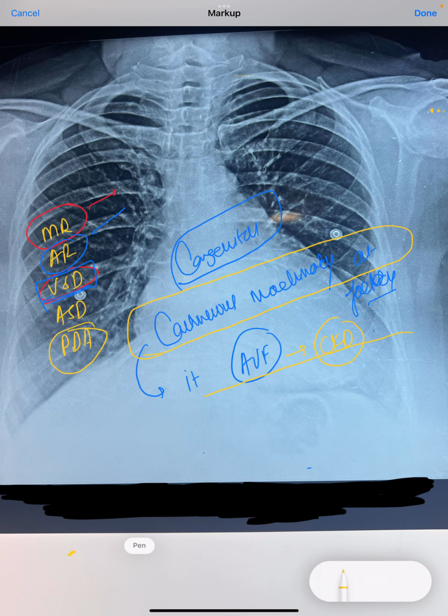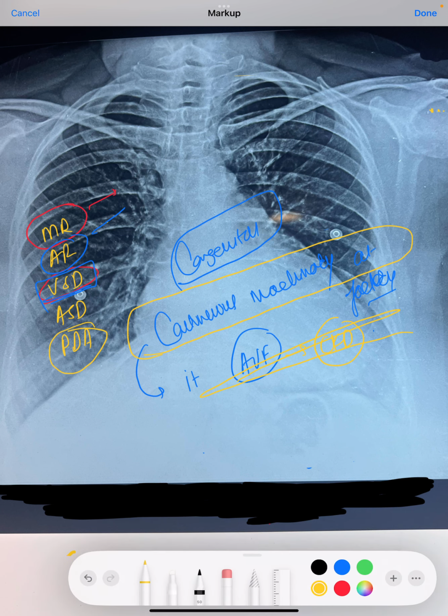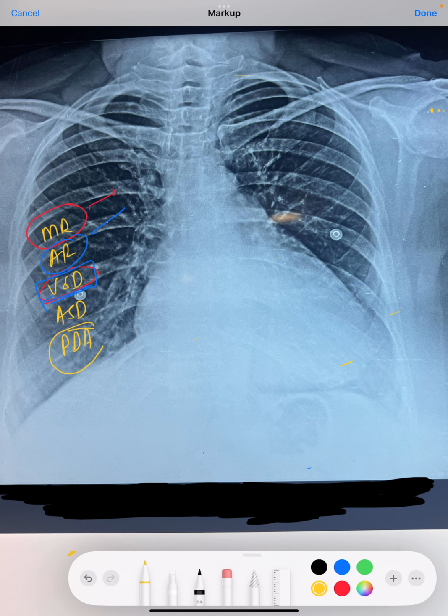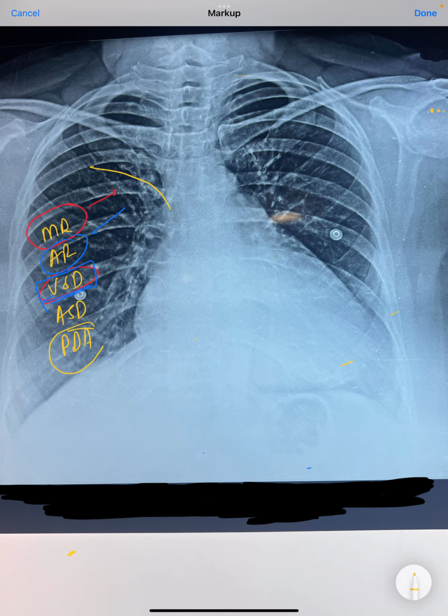One more feature of patent ductus arteriosus is differential cyanosis, because most of the time the patent ductus arteriosus affects only the part beyond the left subclavian. So in short, the right subclavian is spared, and beyond the left subclavian is involved.